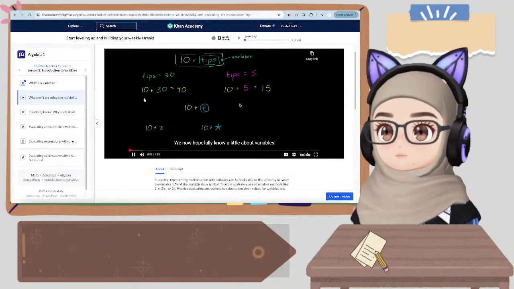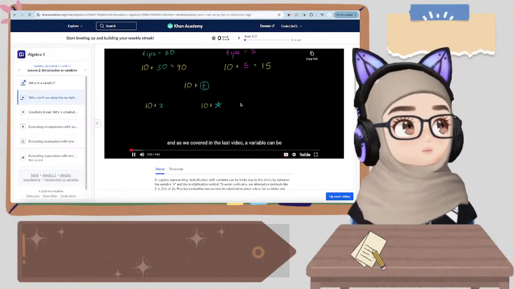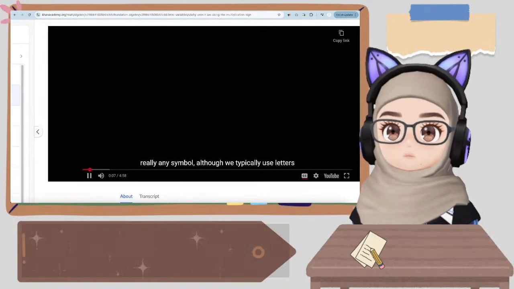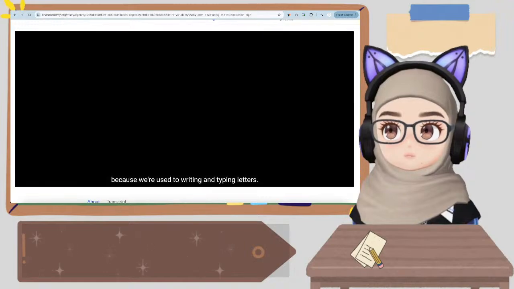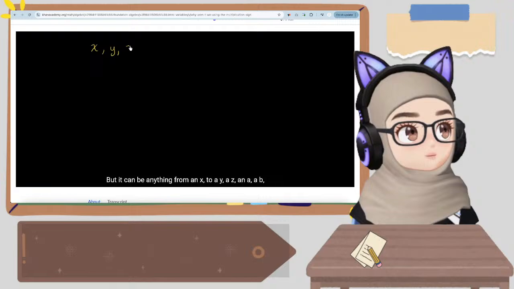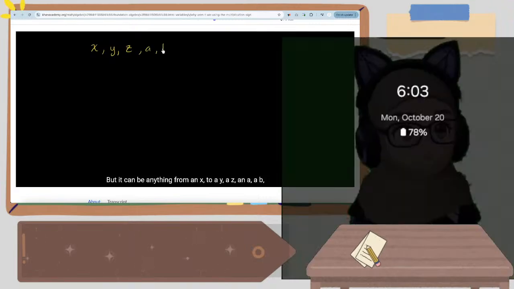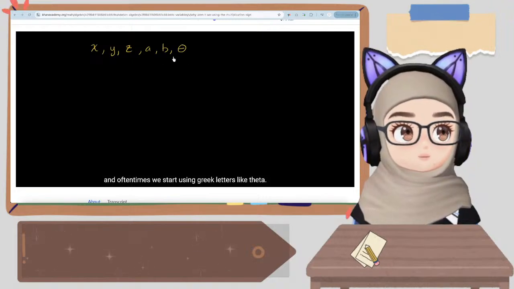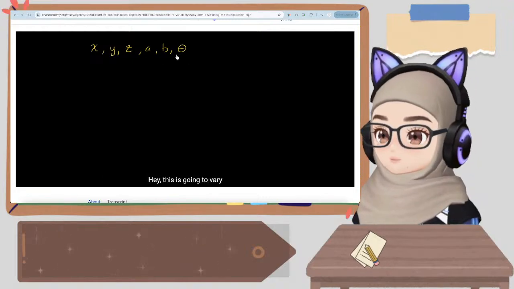We now hopefully know a little bit about variables, and as we covered in the last video, a variable can be really any symbol, although we typically use letters because we're used to writing and typing letters. But it can be anything from an x to a y, a z, an a, a b, and oftentimes we'll start using Greek letters like theta, but you can really use any symbol to say, hey, this is going to vary.